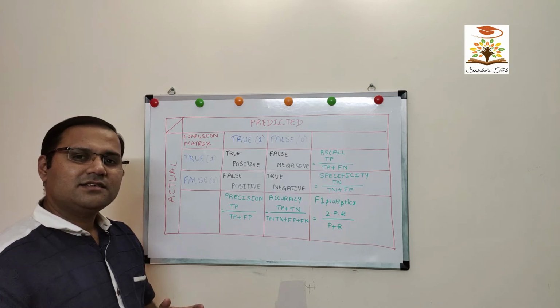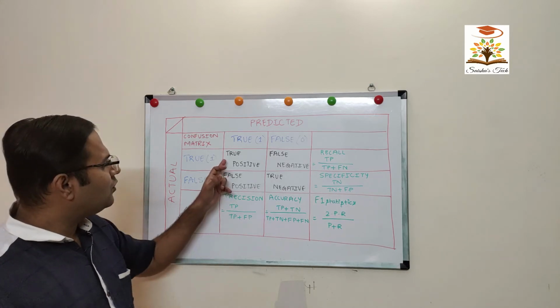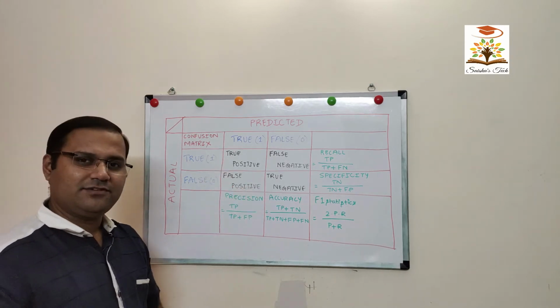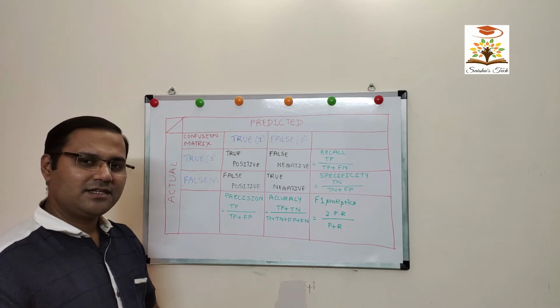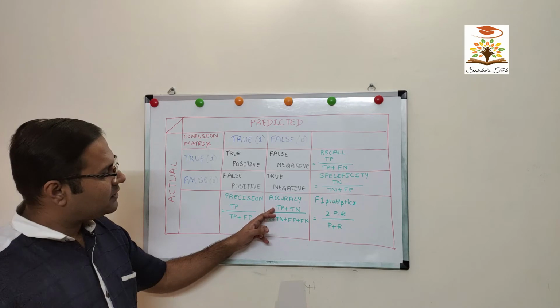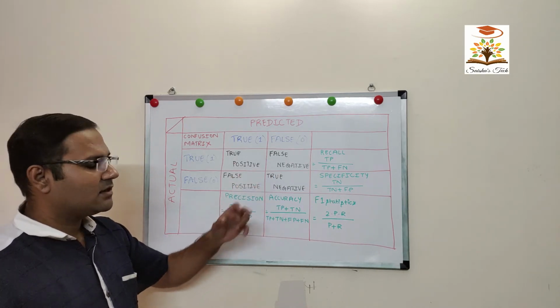Accuracy is the measure of correctly predicted actuals, which means true positives and true negatives. And the formula for accuracy is true positive plus true negative divided by all the terms of the confusion matrix.